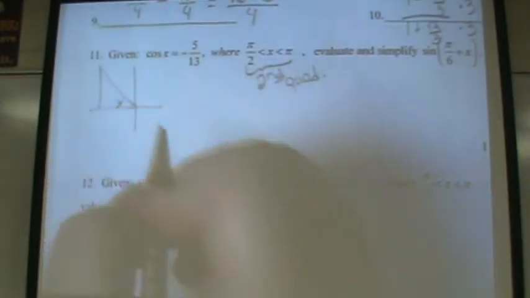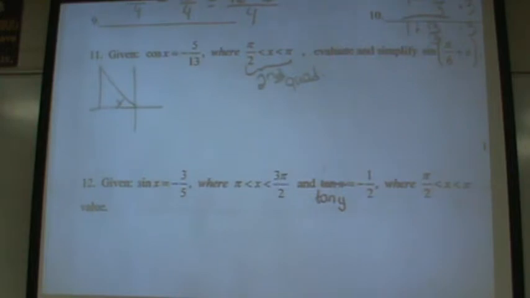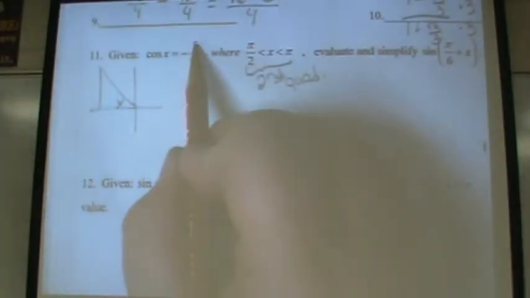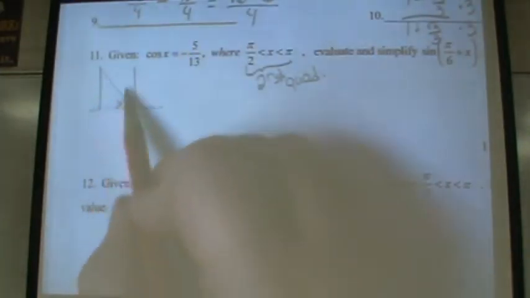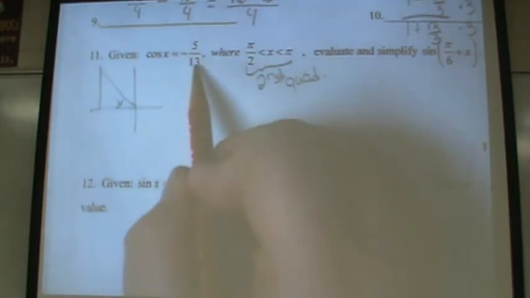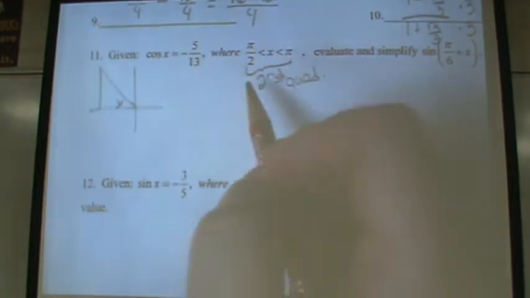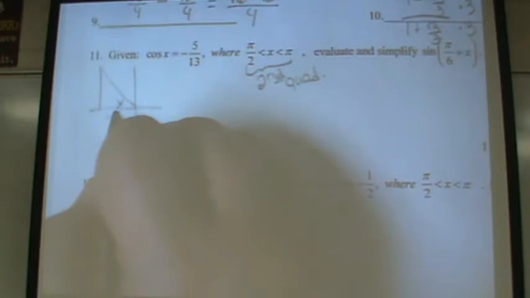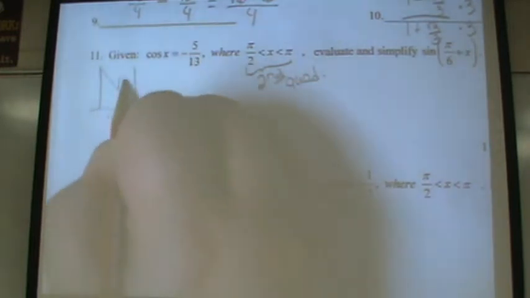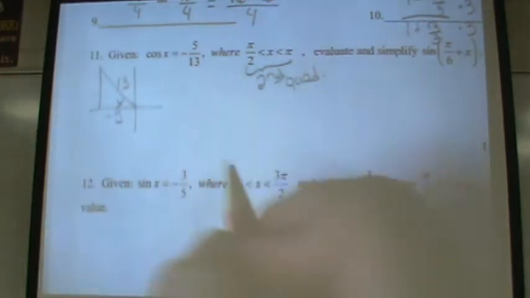That's our angle x over in the second quadrant. So we're told the cosine of that angle is negative 5 over 13. So that tells us that the adjacent side of this triangle is negative 5 and the hypotenuse is 13. So we have negative 5 and 13, our adjacent side and our hypotenuse.